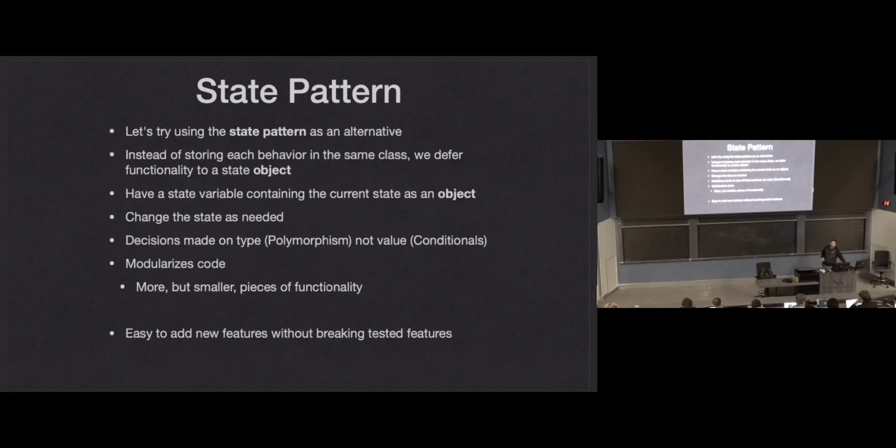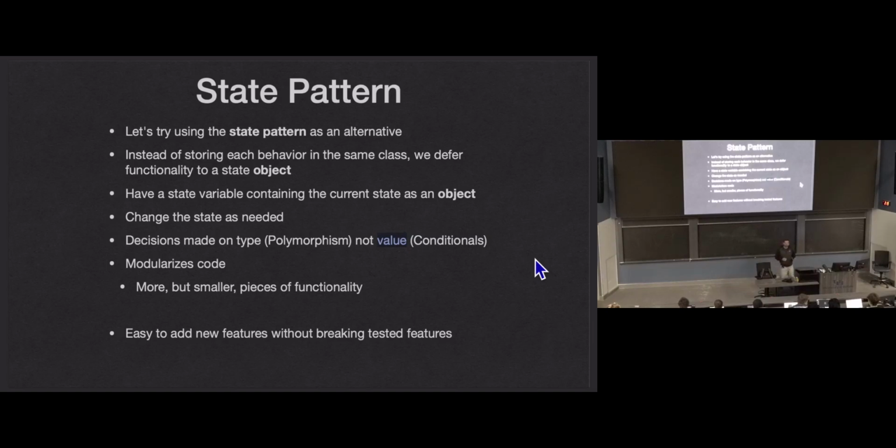Okay, so let's try the state pattern. So that's the problem. Now let's solve it. Let's use the state pattern, where instead of changing behavior based on the value stored in certain variables, which is what we do with conditionals. We say if the value in this variable meets some condition, then do this, else do this, else if, whatever.